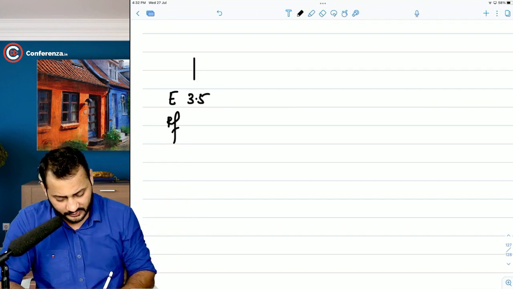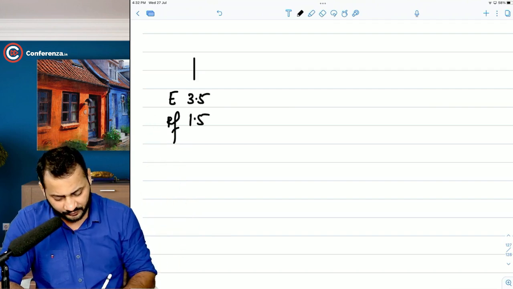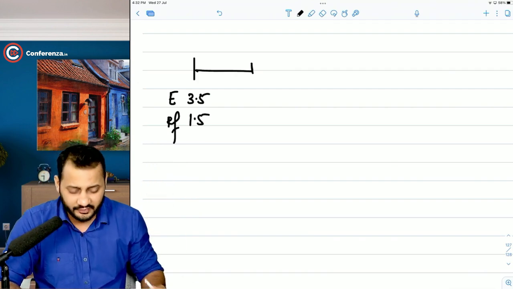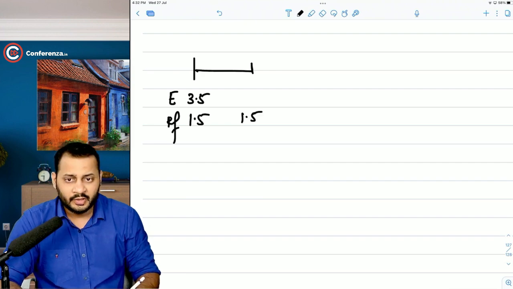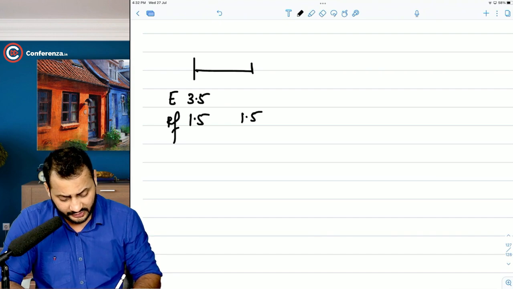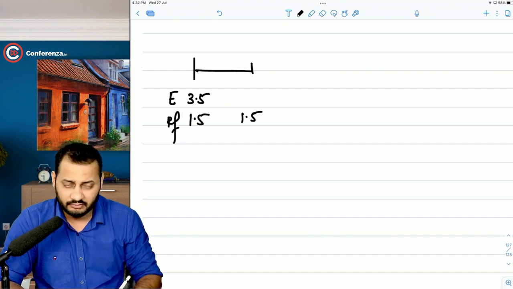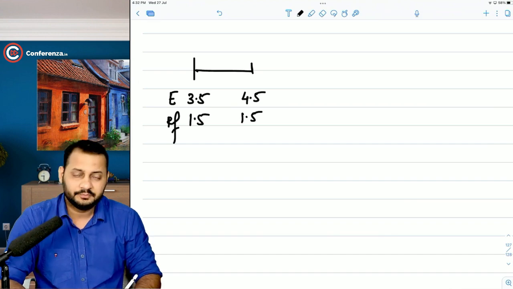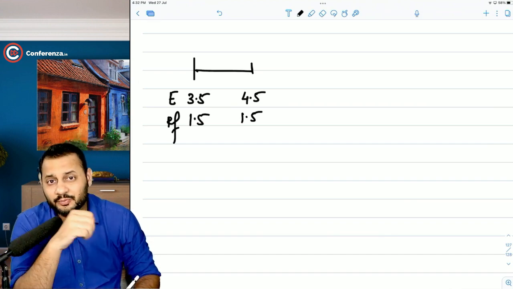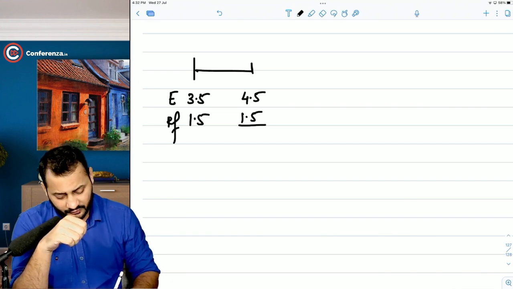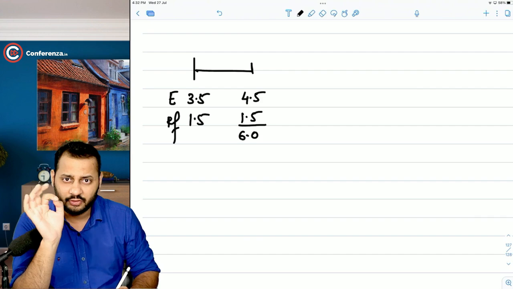After a month, the risk-free investment is constant, it will be 1.5 lakh itself, but the equity share prices have changed according to the market direction. Let's say it is now 4.5 lakhs. You have gained 1 lakh rupees. That's good news. But if you do the total, it comes to 6 lakh rupees.